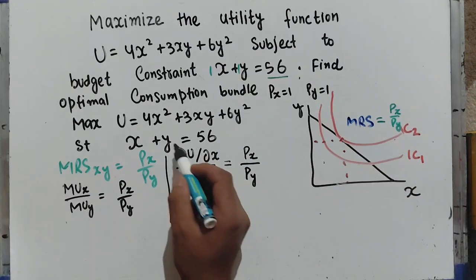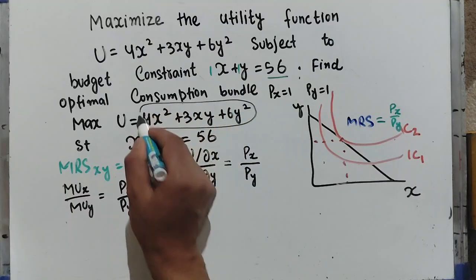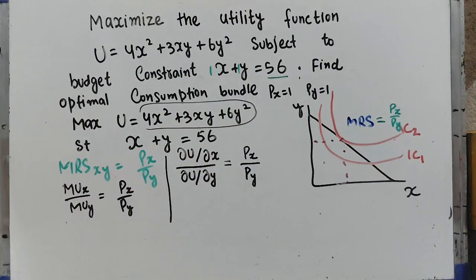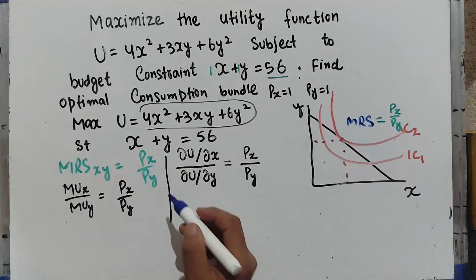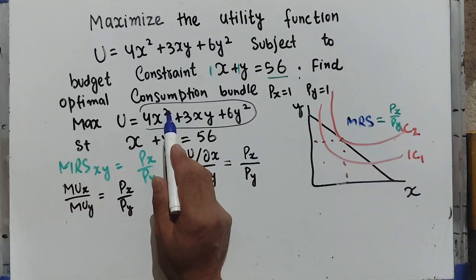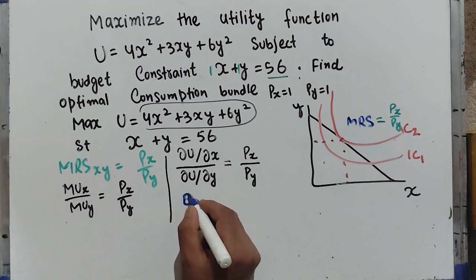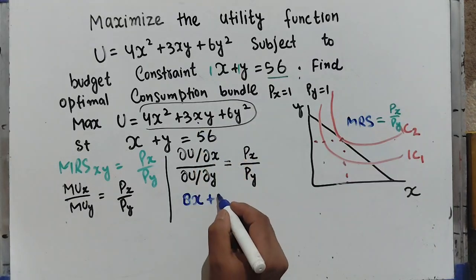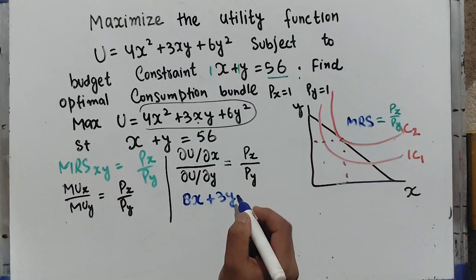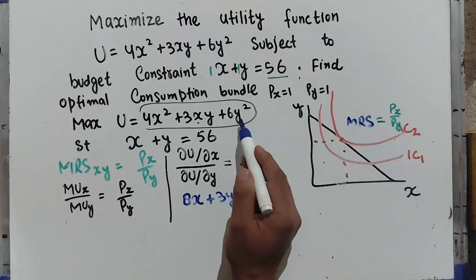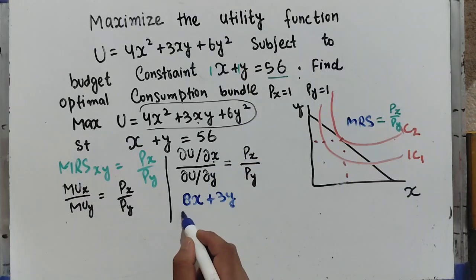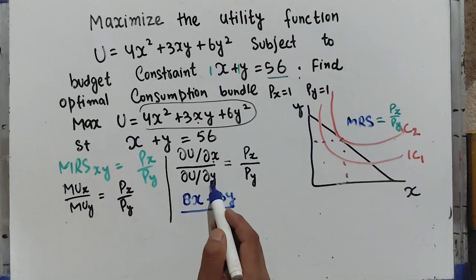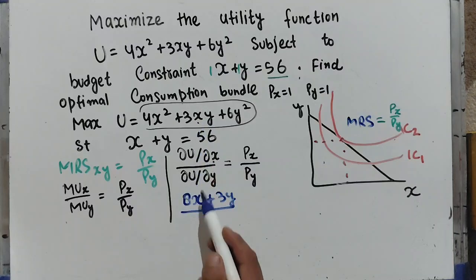Now du upon dx means the partial derivative of the utility function with respect to good x, so let's take the derivative here. The derivative of x square is 2x, so 2 into 4 is 8, we get 8x, plus the derivative of x is 1, so we are left with 3y, and the derivative of the last term is zero because we are taking derivatives with respect to x, divided by du upon dy, which means taking the derivative with respect to y.